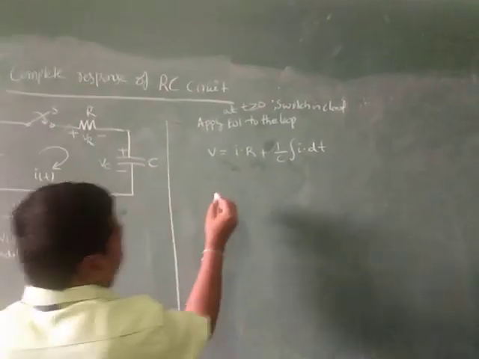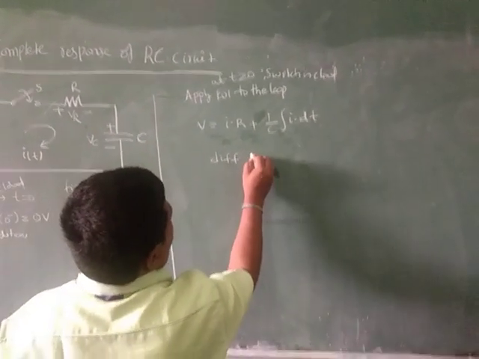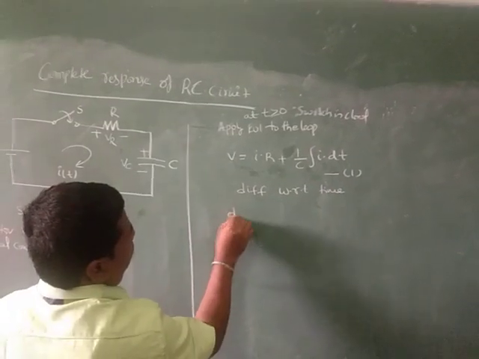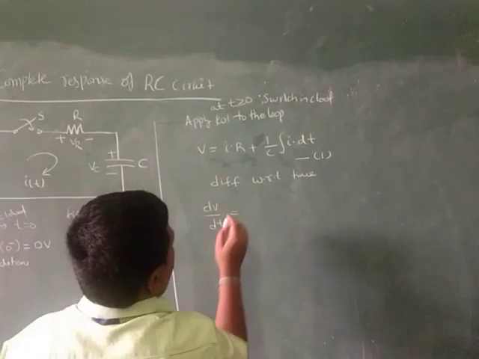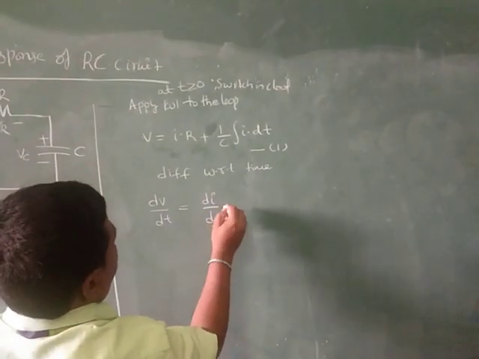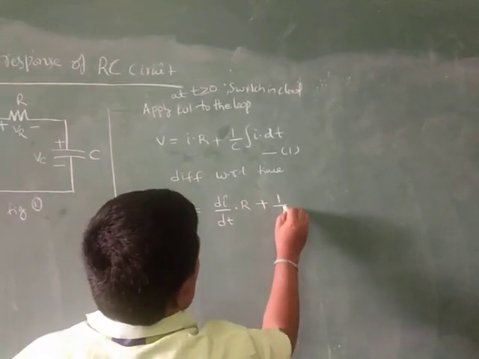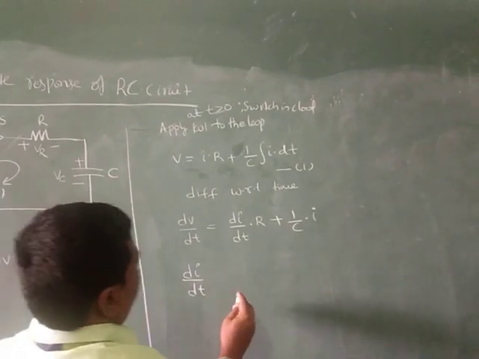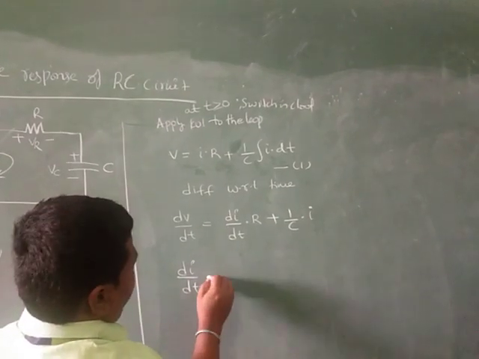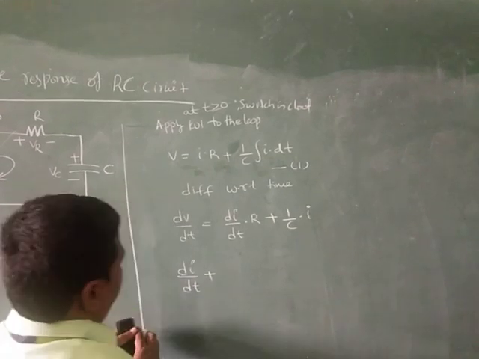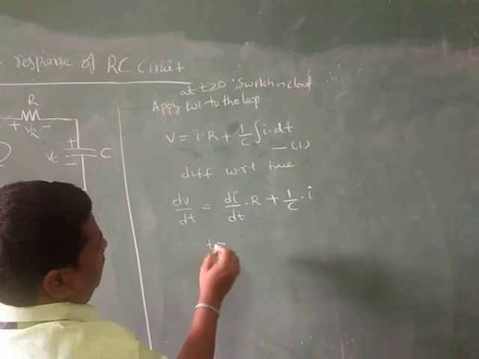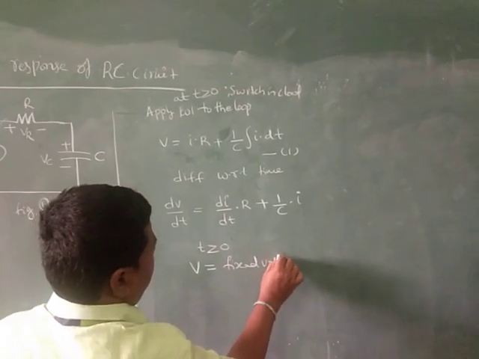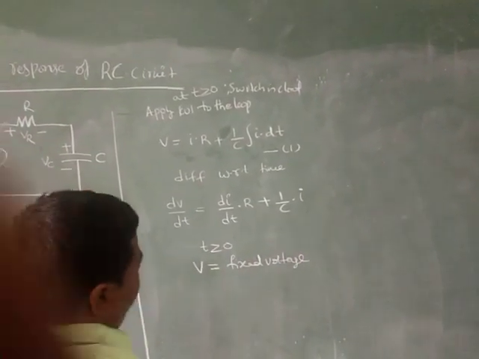Now differentiate the above equation with respect to time. dV by dt is equal to di by dt into R plus 1 by C into I. Here V is constant for t greater than or equal to 0, V is a fixed voltage.